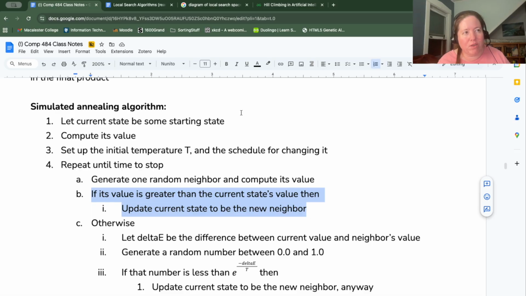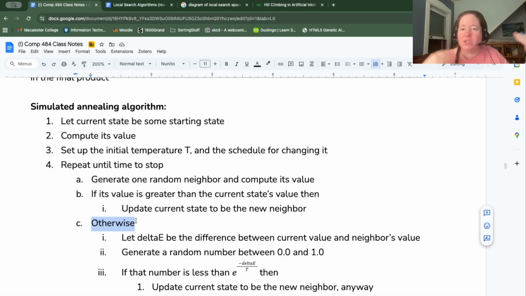So if the value of the new random neighbor is a bit greater, then it becomes our current state. Where things get different is what we do if it's not better. So with the hill climbing algorithms, we just keep looking at more children. Here, we're going to decide whether maybe we're going to take that neighbor anyway.